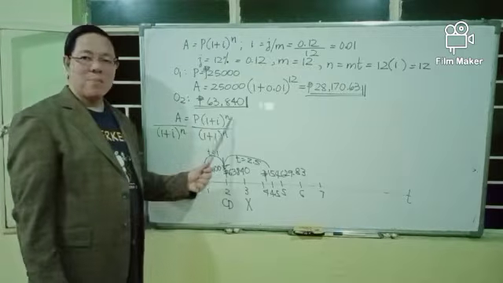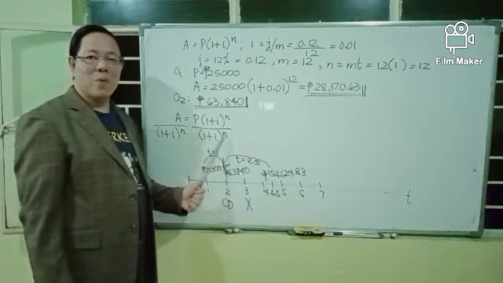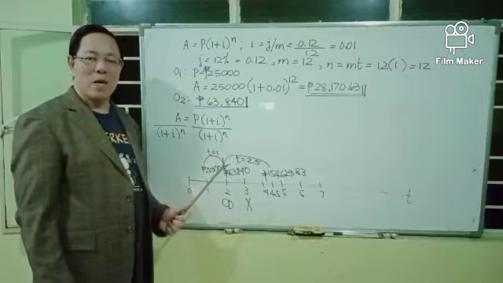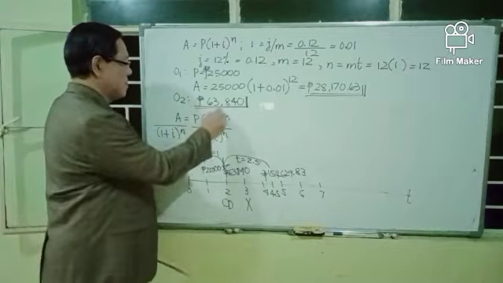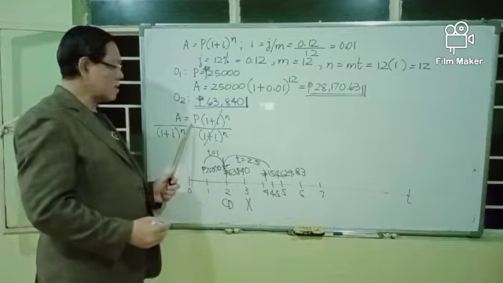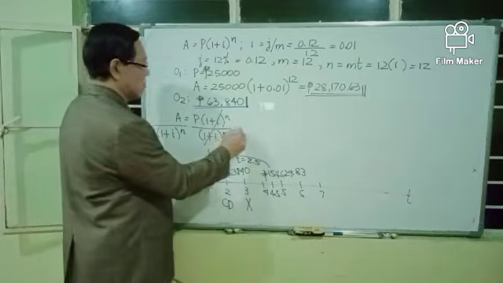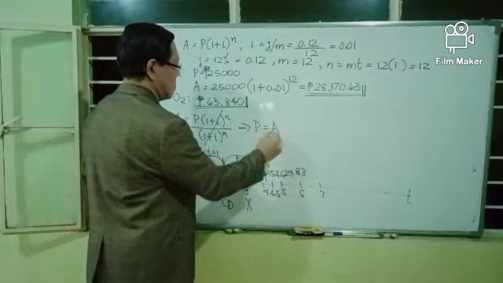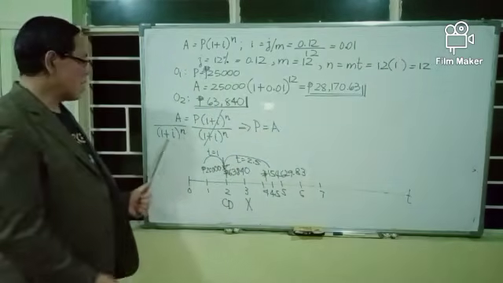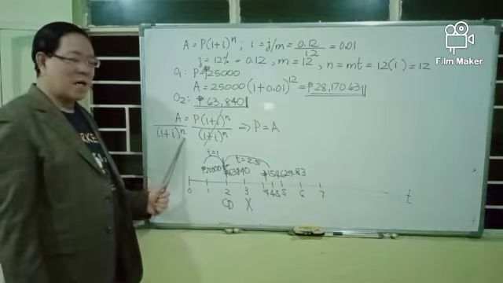And (1 plus i) to the power n divided by (1 plus i) to the power n is equal to 1. Or you simply cancel this out. And you get P is equal to A divided by (1 plus i) to the power n.